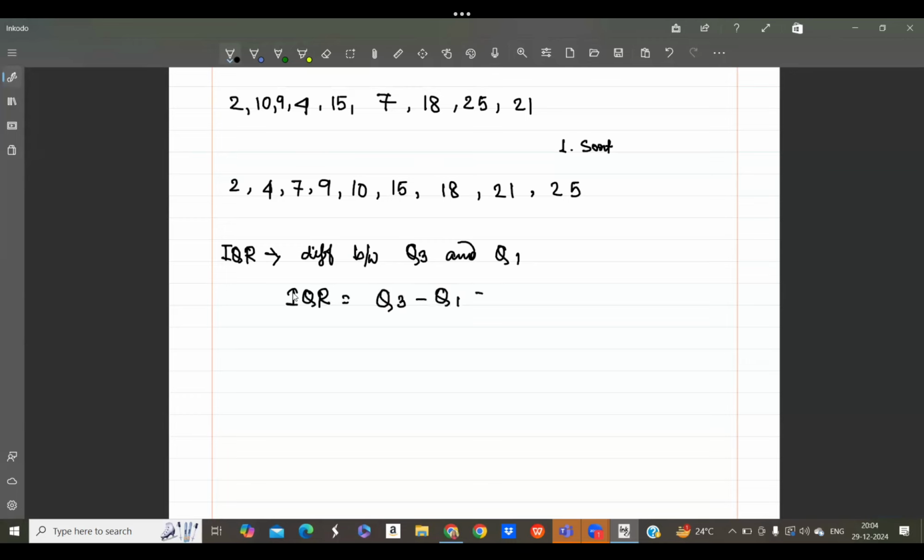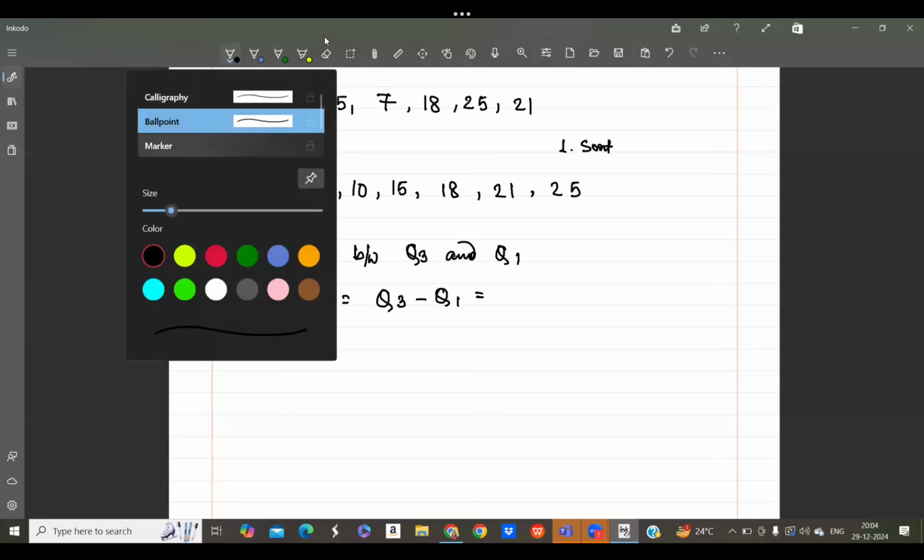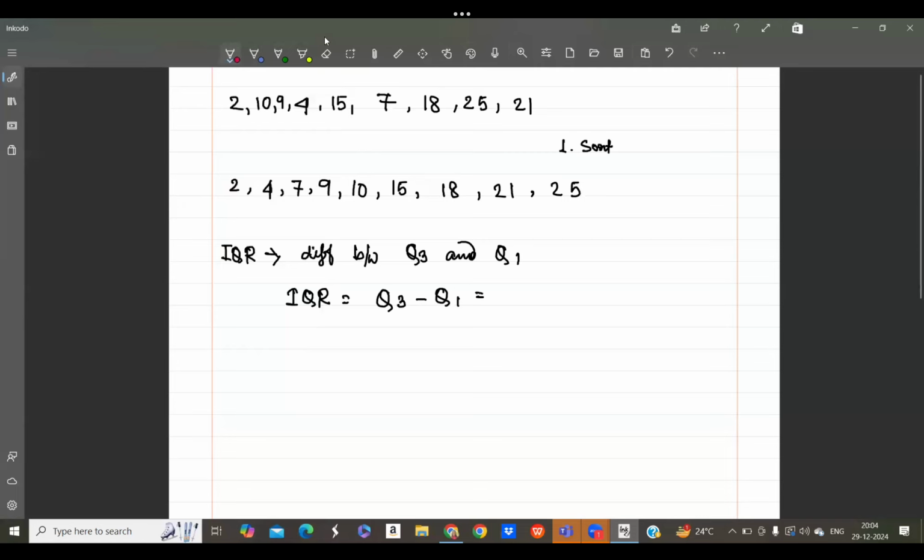We need to find out the value of Q3 and the value of Q1. ठीक है? अभी sorting तो हो गया. What is the next step? The next step is to find out the median of this sorted data. Point number 2 is find out the median.